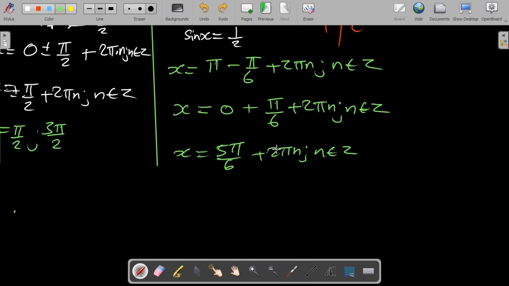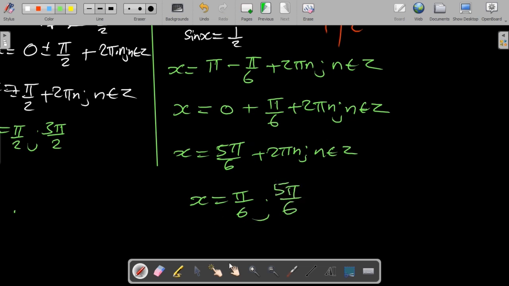If you substitute a 0, then one of the x values is pi over 6. If you substitute a 1, it's already outside the 0 to 2 pi limit. If you substitute a -1, it's also outside, and any other number is outside. And with this one, the same applies. We can only substitute a 0. If you substitute a 0 there, we just have 5 pi over 6.